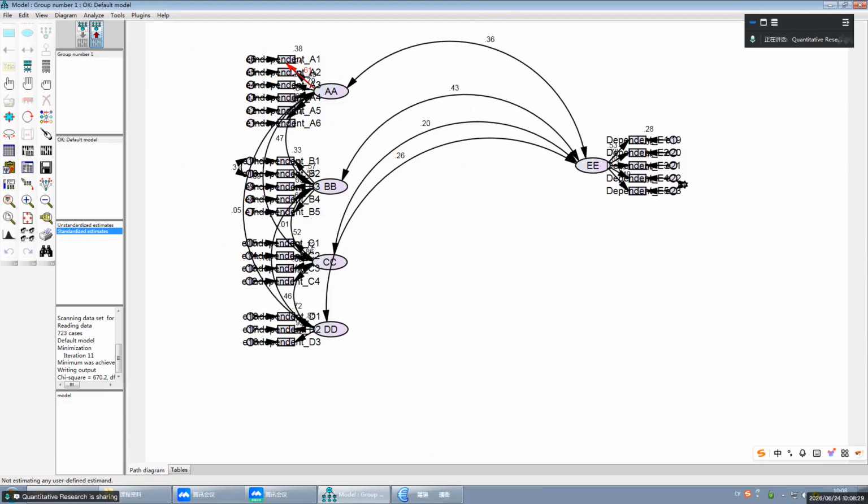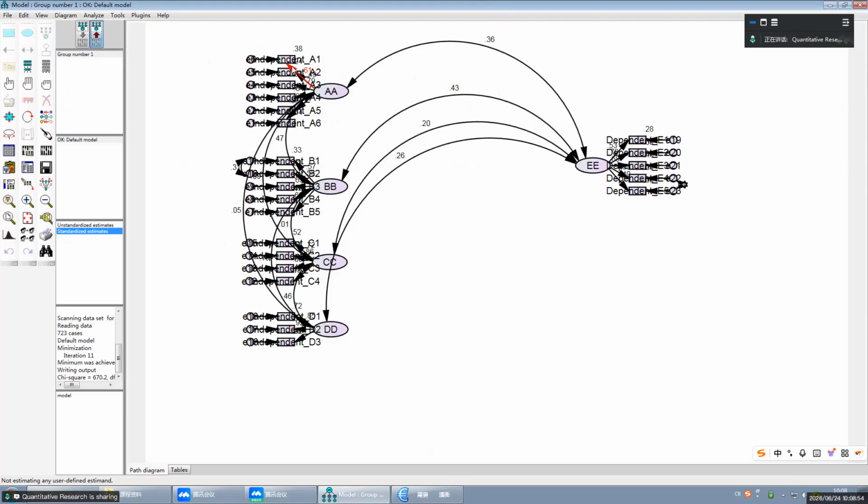And then you can see that for each indicator there is a right arrow, and along this red path you can see a number, a coefficient.